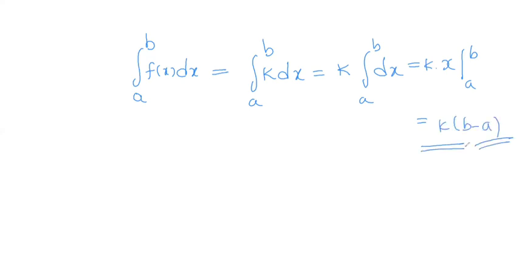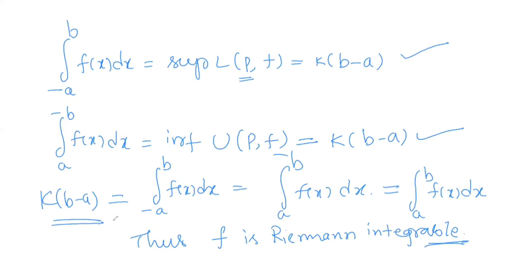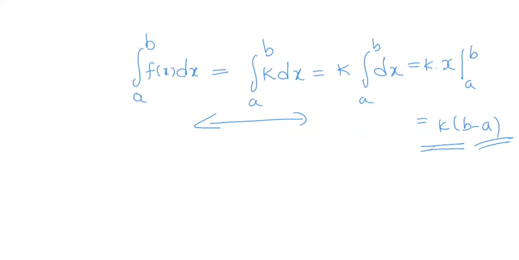So this is the value of the integral using the classical method. And as the lower Riemann integral and upper Riemann integral are equal, the common value is taken as the integral of f from a to b, which is k into b minus a. So you can observe here the value of the Riemann integral of f is the same as the integral of f, right?